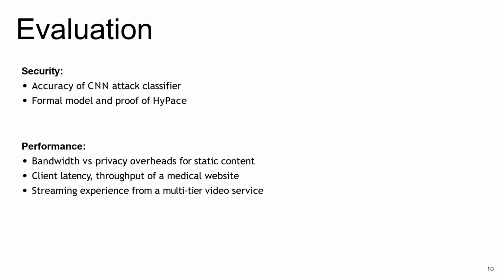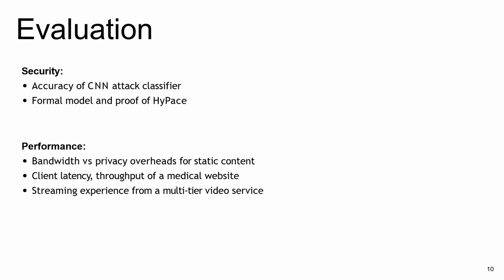For performance, we analyzed the bandwidth overheads incurred due to padding of static purposes for different services, and the trade-off between the bandwidth overheads and privacy guarantees that we can achieve after using public-input-based worker partitioning for traffic shaping.